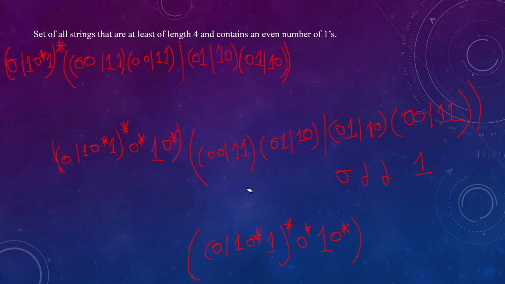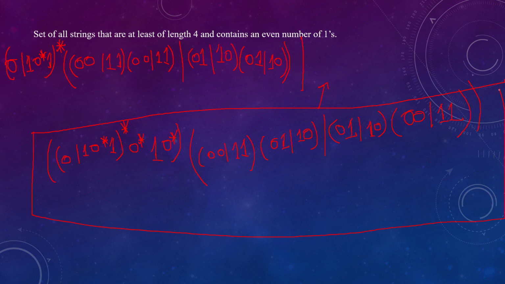So this part solves the other half of our problem. Now we have to merge these two regular expressions, right? But how do we merge it? We merge it using an OR. So this whole part or this part goes here, right? So understand it, I guess you do. So thank you.